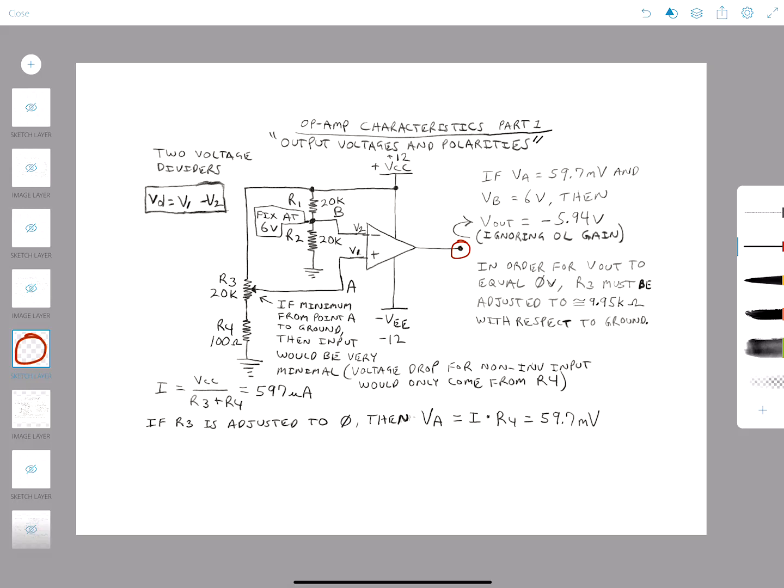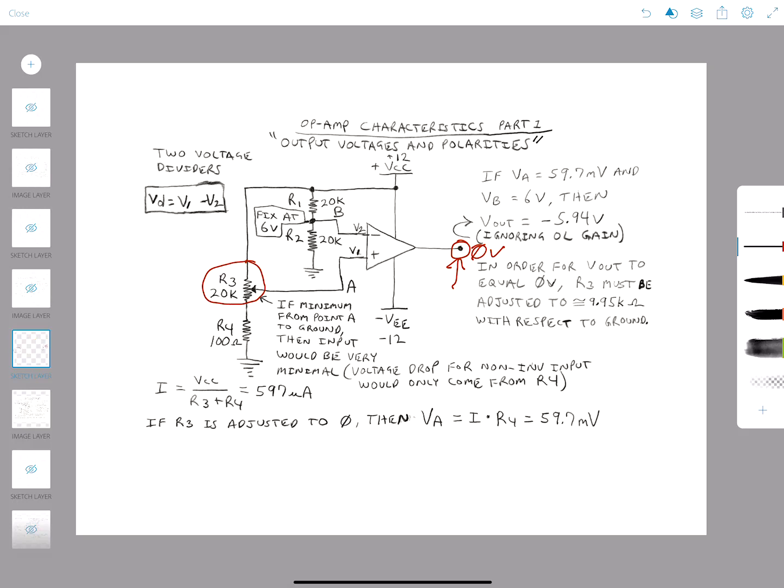How do we get this point right here to equal 0 volts based on the same circuit? What we need to do is figure out what we need to adjust R3 to with respect to ground in order to actually get 0 volts out.